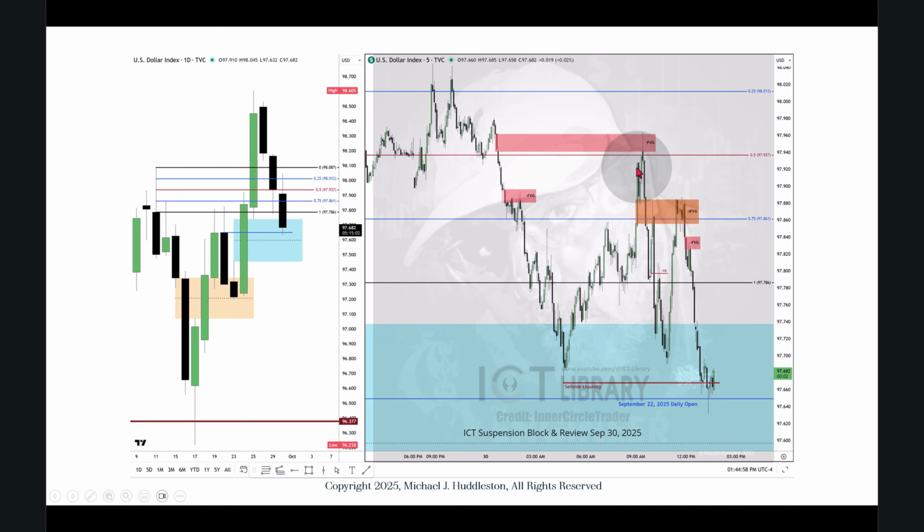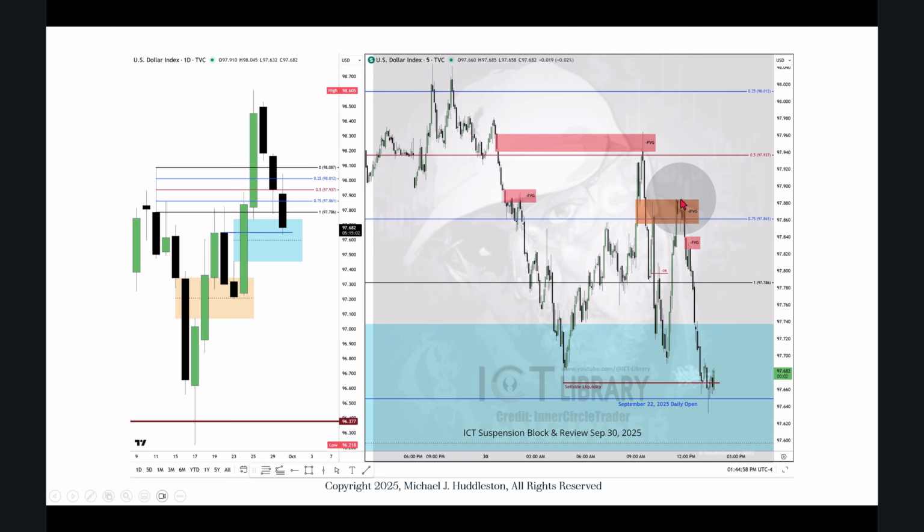We rally away from that, come all the way back up to the consequent encroachment of this daily premium wick and fair value gap. And guess what, it goes into an inversion fair value gap there. This low does not take out that low. We come all the way back up to the inversion fair value gap.